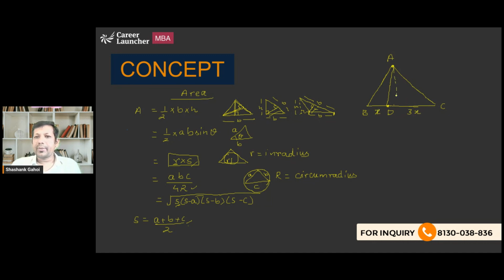So if I draw the perpendicular, the area of triangle ABD is going to be half into x into h, that is height. The area of triangle ADC is going to be half into 3x into h.